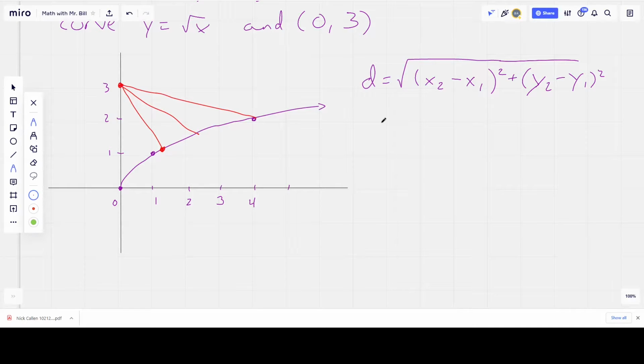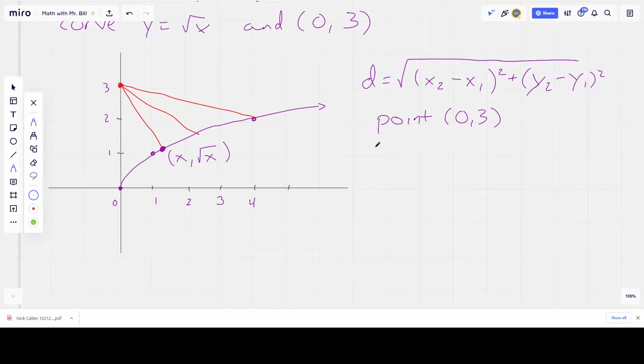So I've got one point, right? The point we're given is (0, 3). But what about another point? Well, we've got the points that are going to be on this curve. So any point on the curve here is going to have an x value. And to figure out what the y value is, looking at my function up here, the y value would just be the square root of the x value.